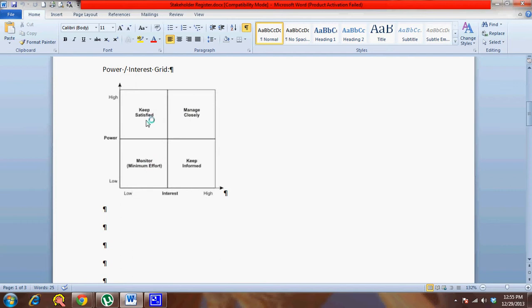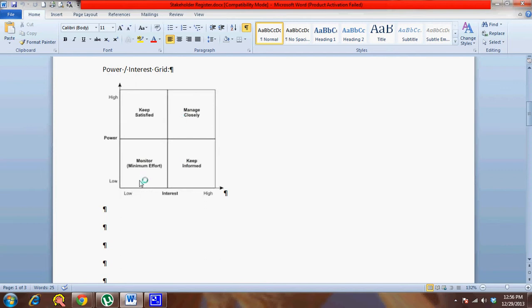If the stakeholder has high power and high interest, then you need to manage them closely, because they fall in the top quadrant. Stakeholders with low power and low interest are classified as monitor. They need minimum effort to be monitored.